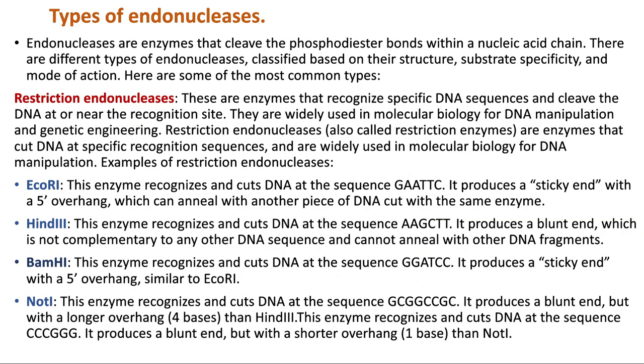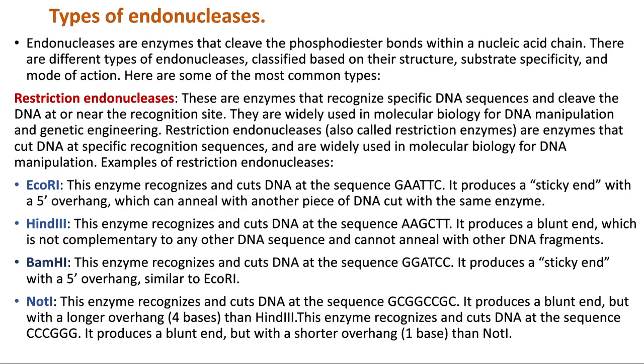Now, types of endonucleases. Endonucleases, like we said, are enzymes that cleave the phosphodiester bond within the nucleic acid chain. There are different types, classified based on the structure, the substrate specificity, and the mode of action. So let's look at some of them.